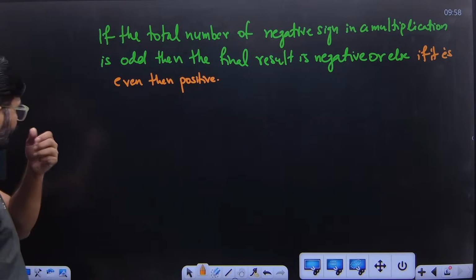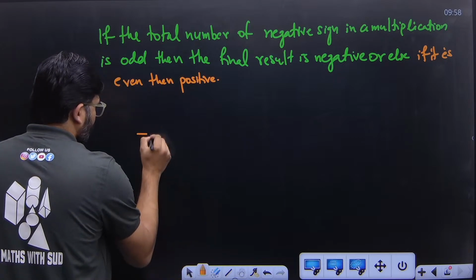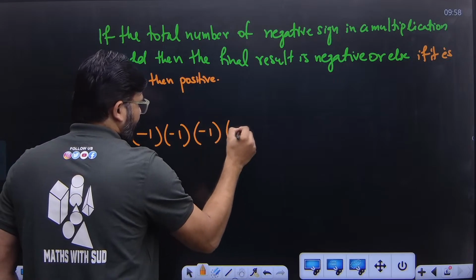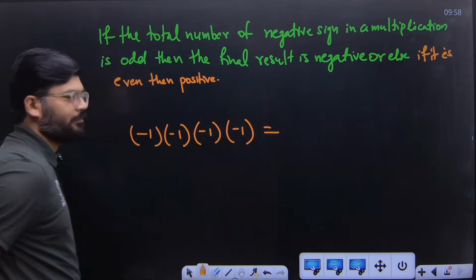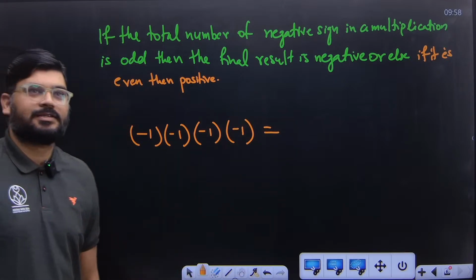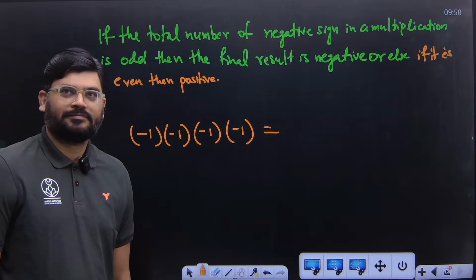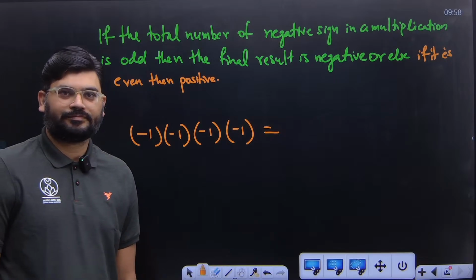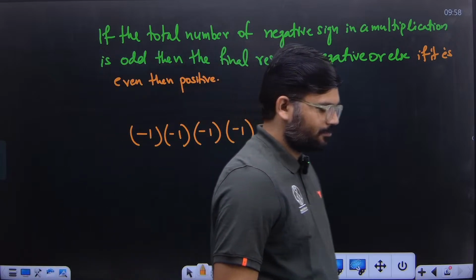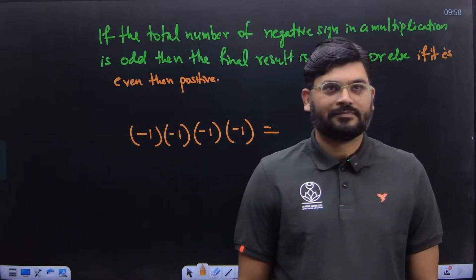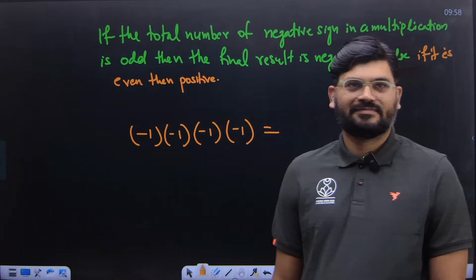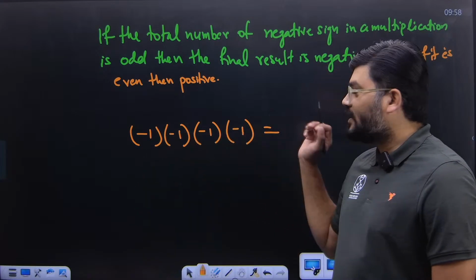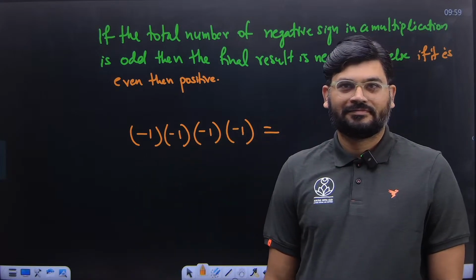So I will give you one question now. Negative 1 into negative 1 into negative 1 into negative 1. Tell me what will be the answer. How many negative signs are there? 4.